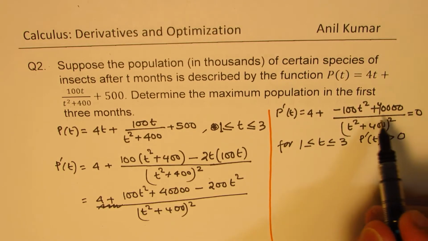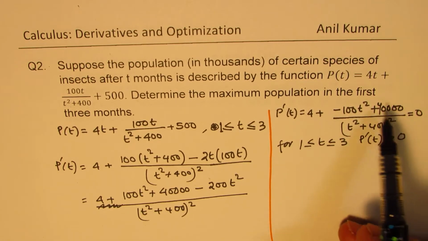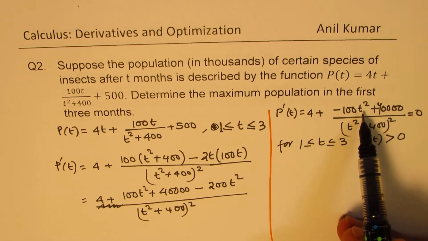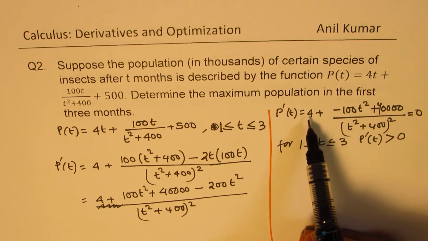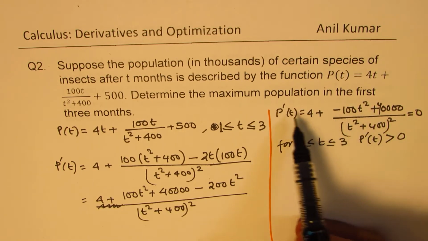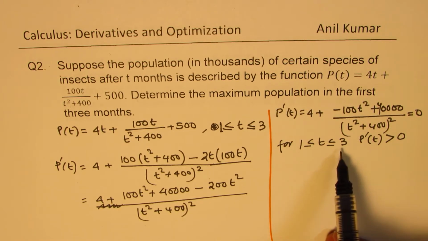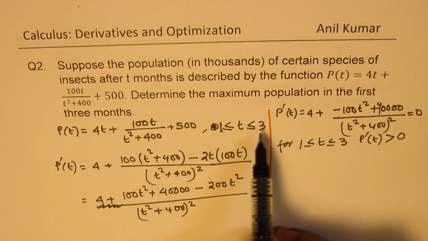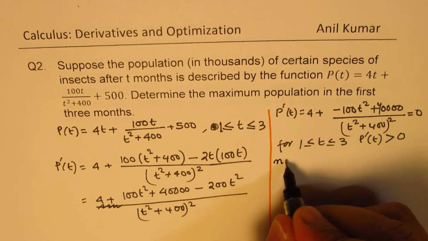It is not even close to 0. This portion will be 0 if t equals 20, and even then it will be 4. So our derivative is positive in the domain of our interest. In this closed interval, we do not have any critical number.